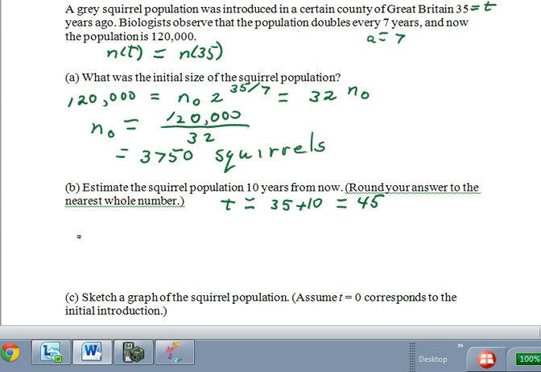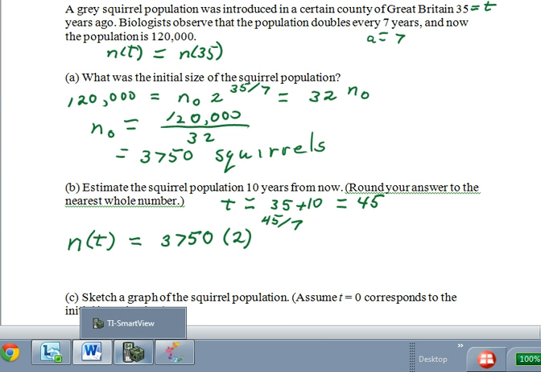And so we are actually looking for n of t. And so our n sub 0 is 3,750 times 2 to the power 45 divided by 7.